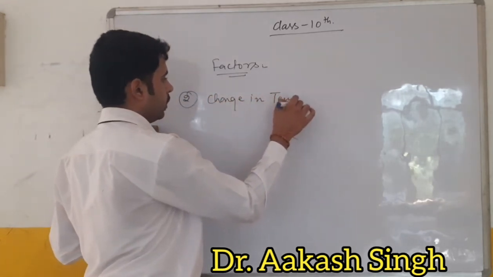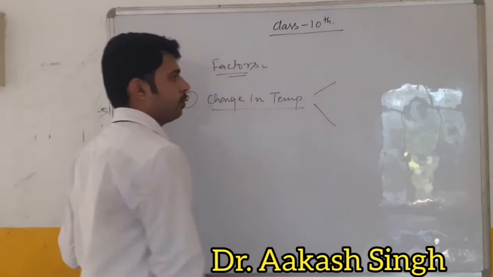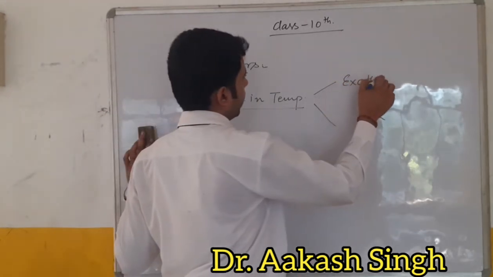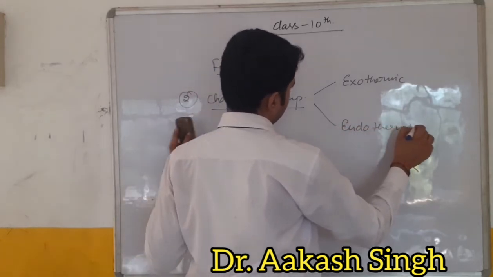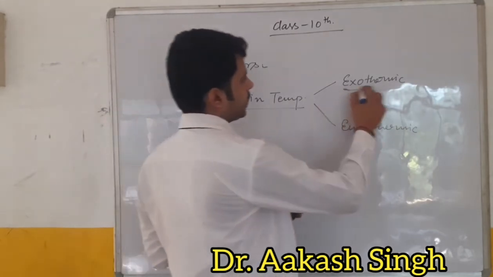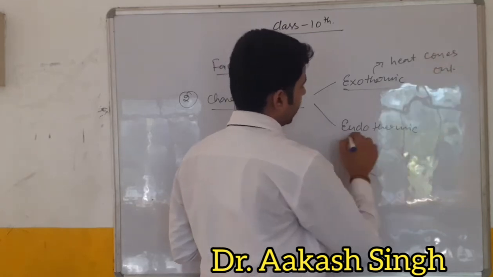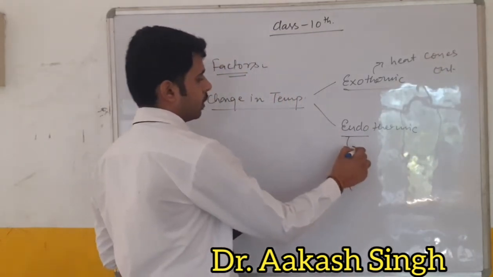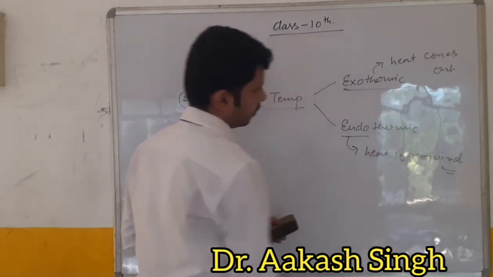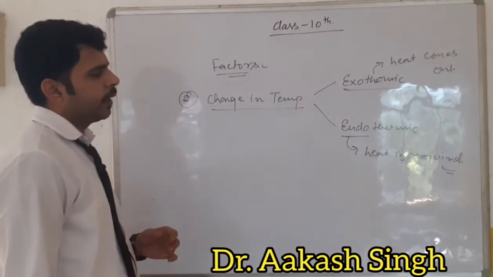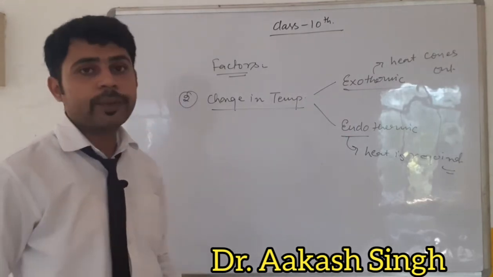On the basis of change in temperature, there are two types of reaction. One is exothermic and another one is endothermic. In case of exothermic reaction, heat comes out, and in case of endothermic reaction, some heat is required.